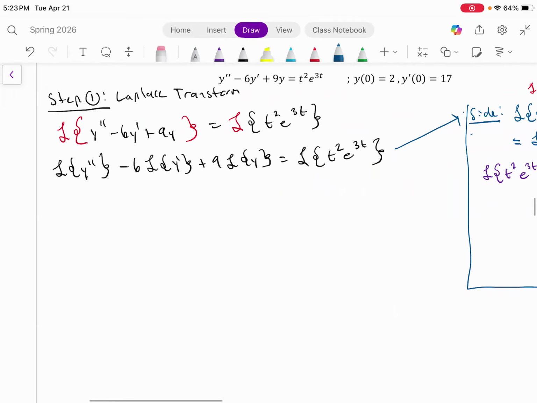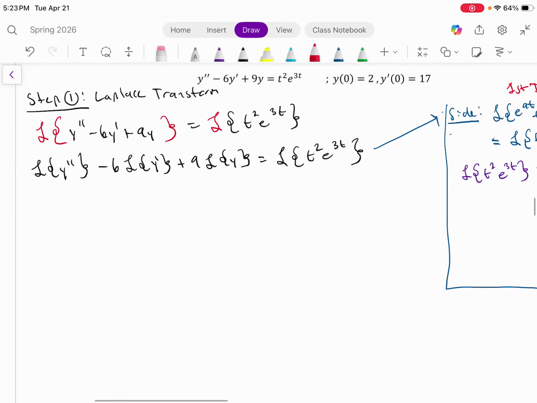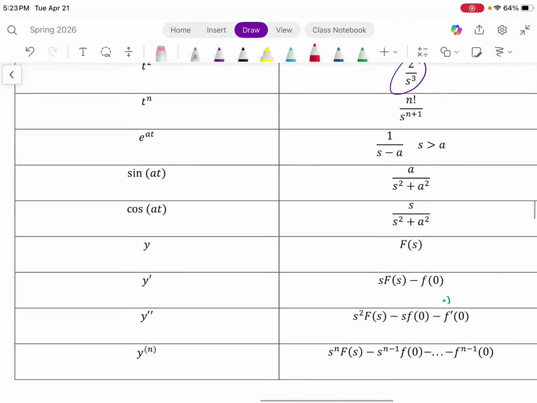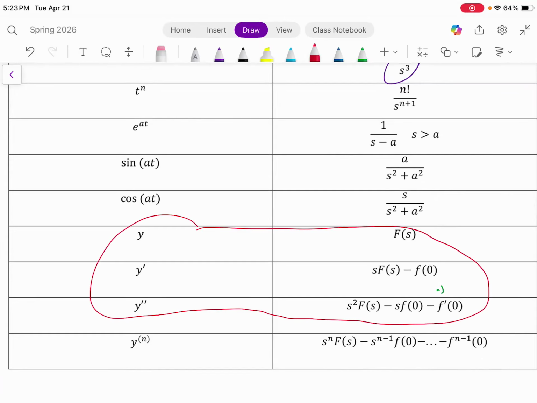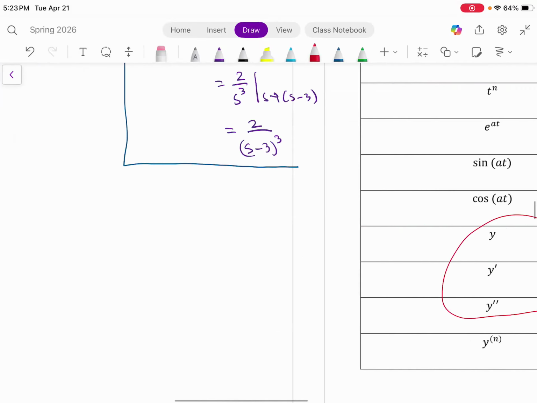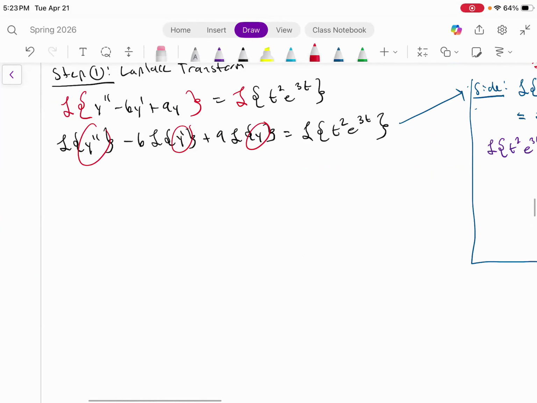And then the rest of these, we know what they are, like Laplace of y double prime, Laplace of y prime, Laplace of y. It's all given here in the table if you're not remembering those automatically. So let's go ahead and write those down. This would be s squared times F of s minus s times y naught minus y prime naught.